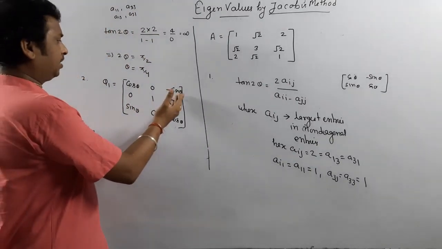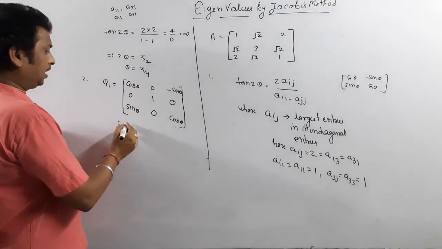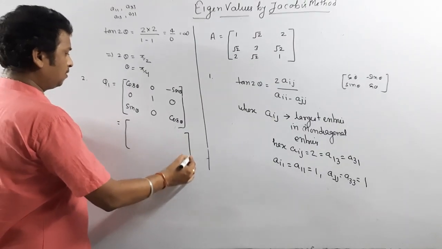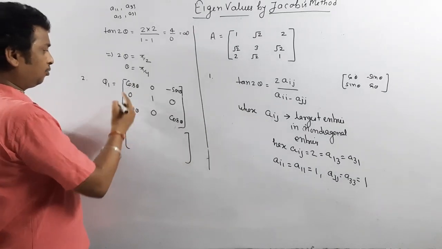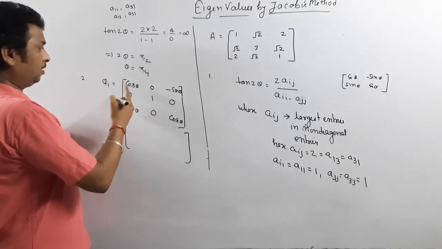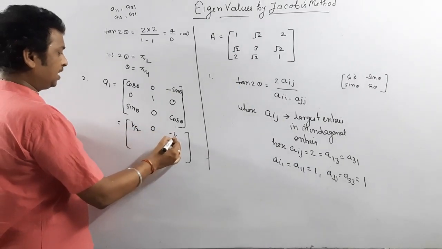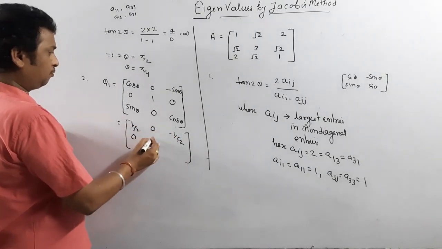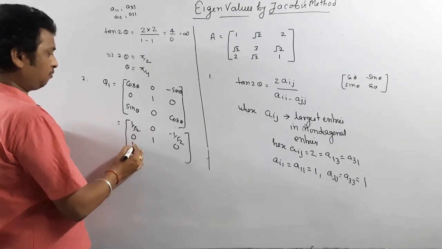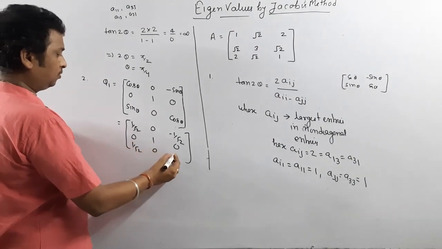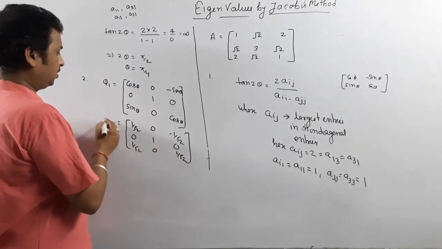I have taken minus sin theta here. Now put the value of theta. What is cos theta? Cos pi by 4. So this is 1 by root 2, 0, minus 1 by root 2, 0, 1, 0, 1 by root 2, 0, 1 by root 2. This is your Q1.